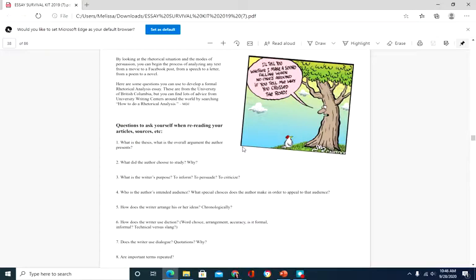And again, simply to say the writer uses ethos or pathos is not good enough. It's got to be specific, pointing to exactly what they did and how that created an emotional response or an appeal to credibility or a logical framework for discussion.